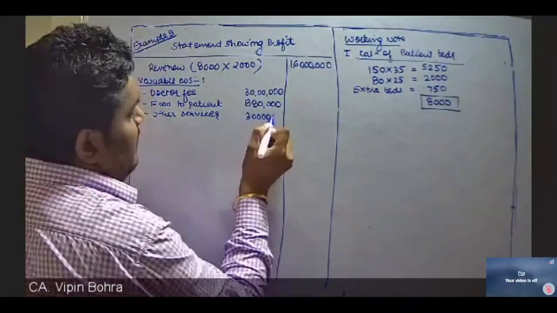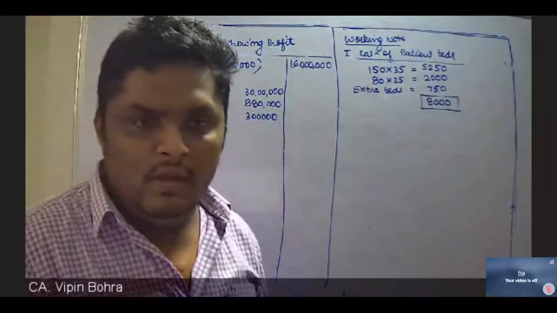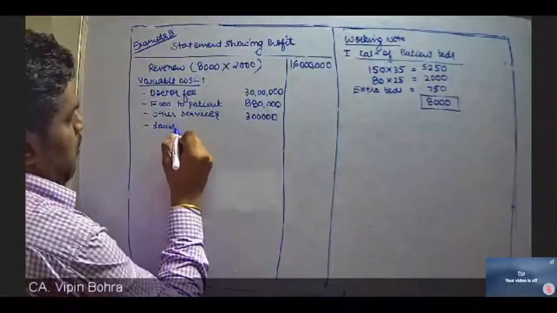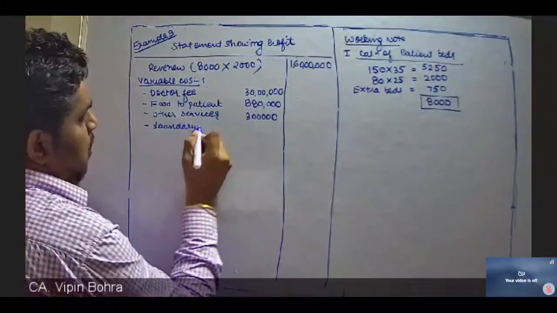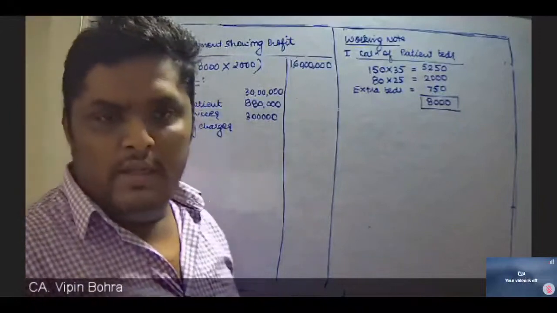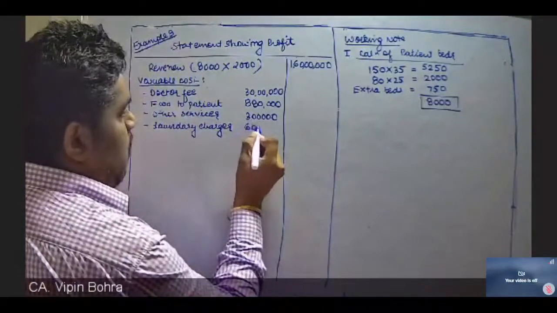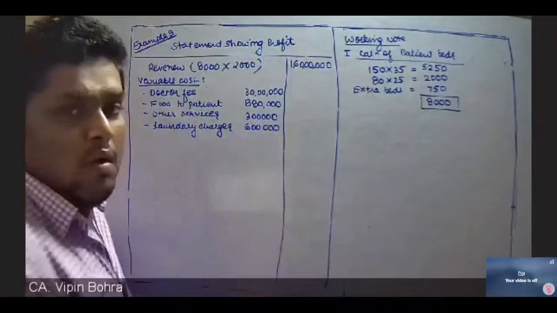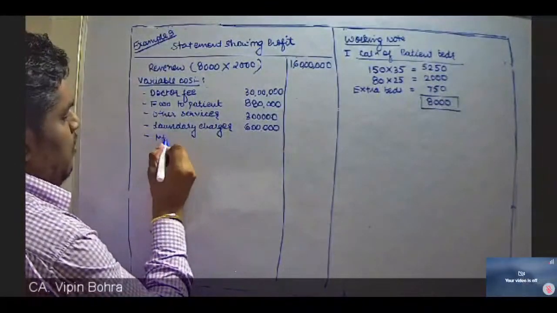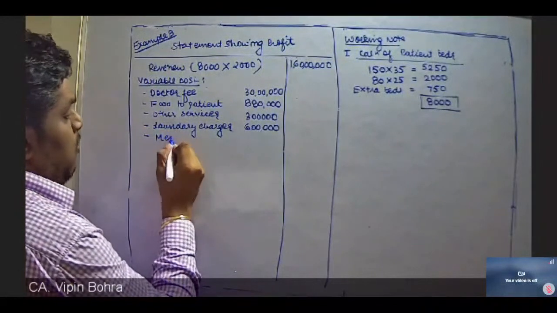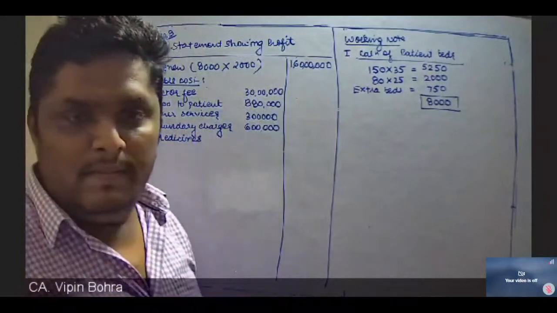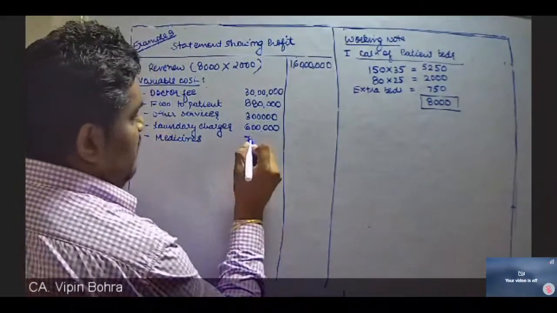This is a variable cost. Laundry charges, again variable, 6 lakh. Medicines, again variable, 7,50,000.